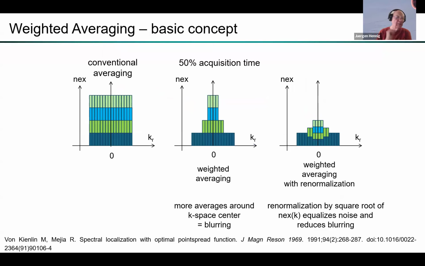I wanted to implement that a long time ago on the IDEA environment for high resolution 3D SPACE. We had a very nice 3D SPACE sequence with a 0.65 millimeter isotropic resolution, which gave good results. We wanted to get 0.5, but we never got a decent signal to noise for 0.5.